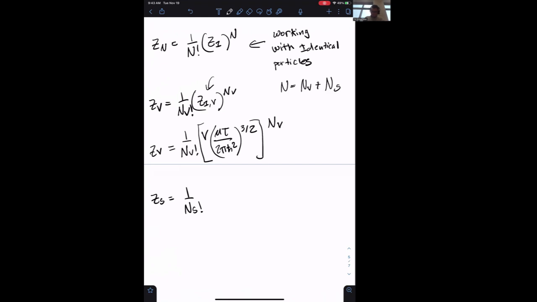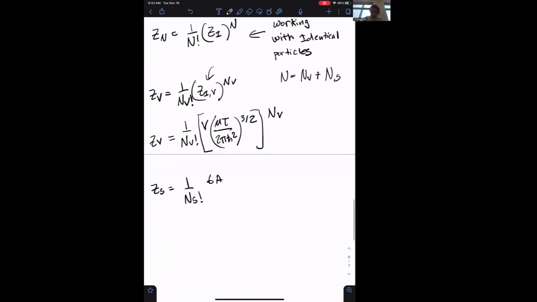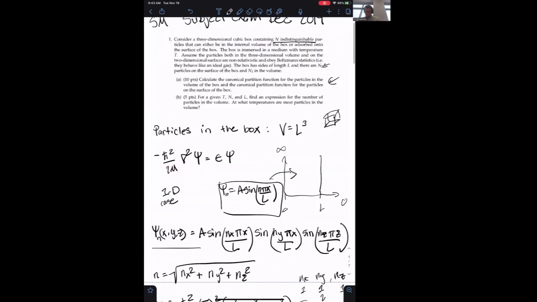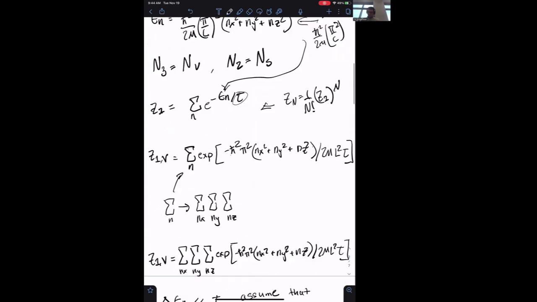Here we have six, 6 times area, and this factor is just to a different power, like that. So that's all of the first part. Calculate the canonical partition function for the particles in the volume of the box and for the particles on the surface. So did that. Okay. So that was all part A.